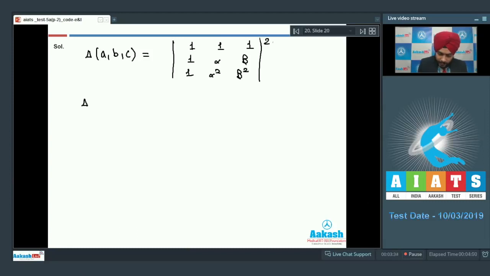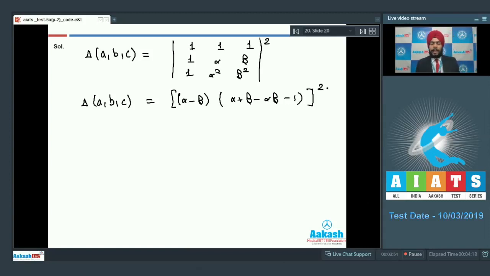And that is, delta of ABC is (alpha minus beta) into (alpha plus beta minus alpha beta minus 1) whole square. And now you know that you can substitute these values in terms of small a, small b, small c.